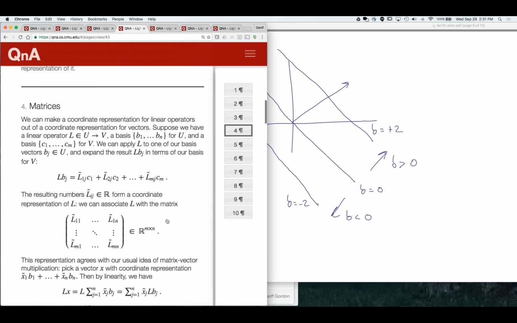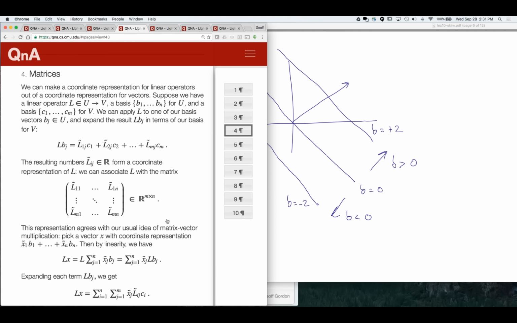All right, so we have linear operators that go between vector spaces, and we have coordinate representations for vectors. So we'd also like to make a coordinate representation for linear operators. And that coordinate representation is going to be a matrix, right?